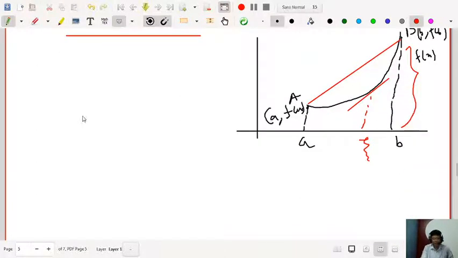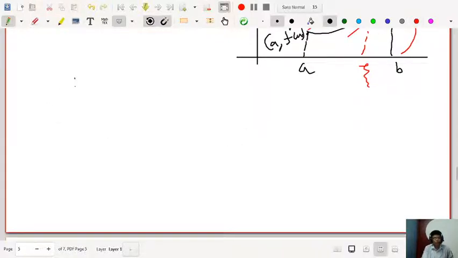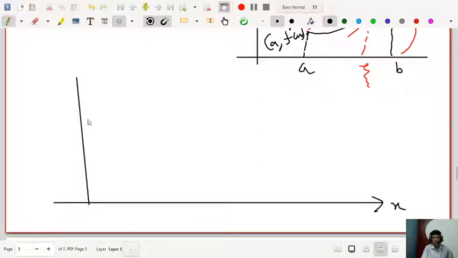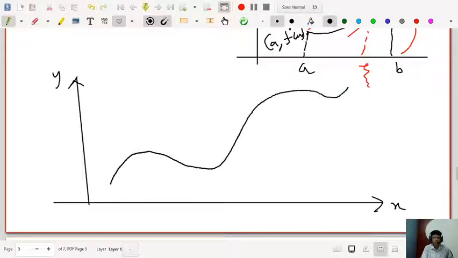So there will be at least one point. Let me show you, there can be more than one point. X axis, y axis, okay.